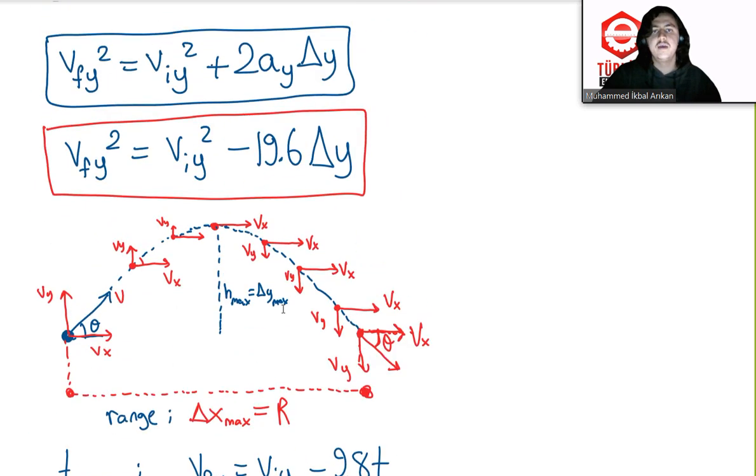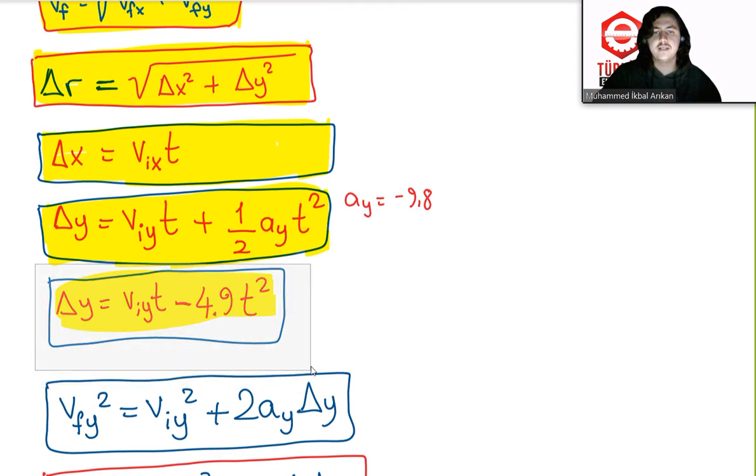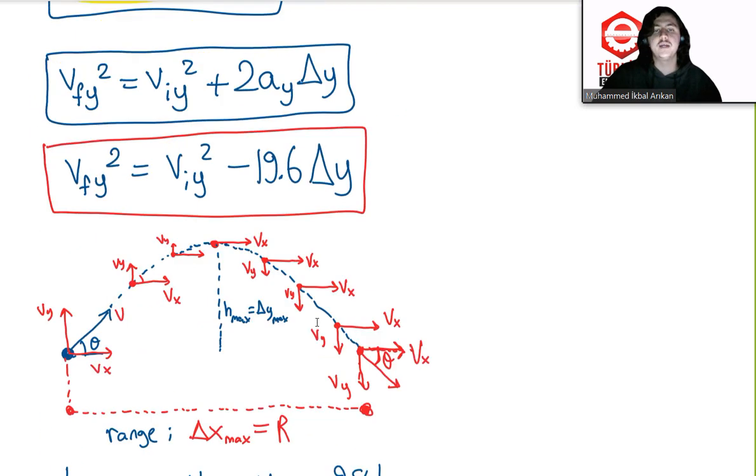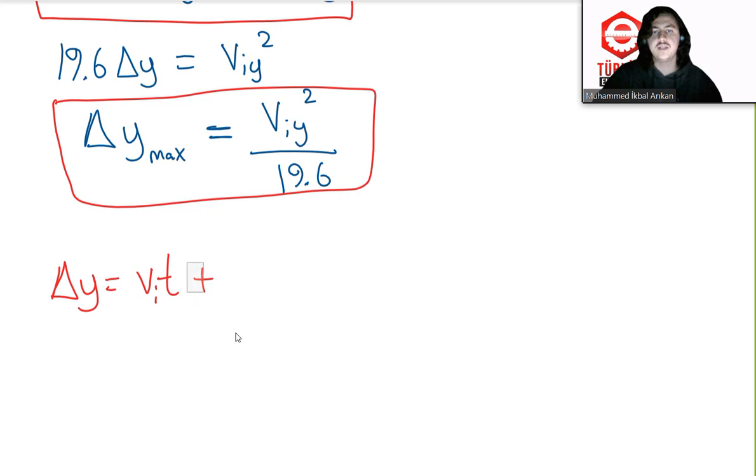But here I know ay, so I can put in the exact values. You will put minus 4.9 times time squared instead of plus, because your acceleration is in the negative direction. So this is a different formula for delta y.